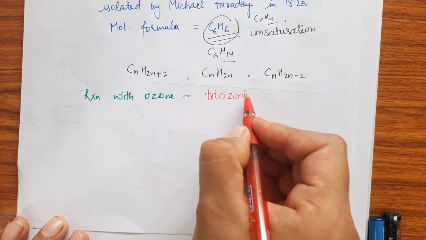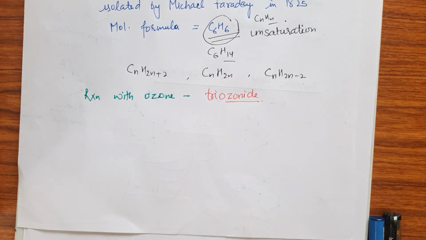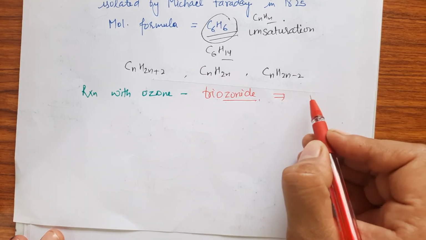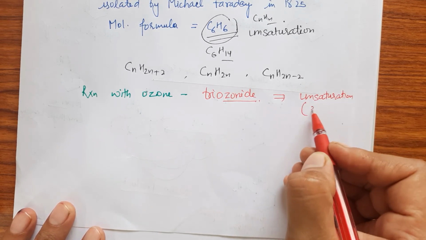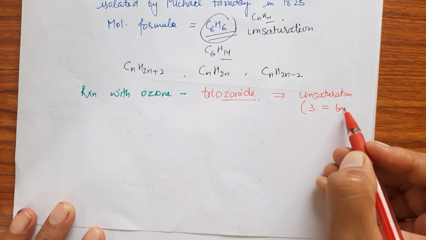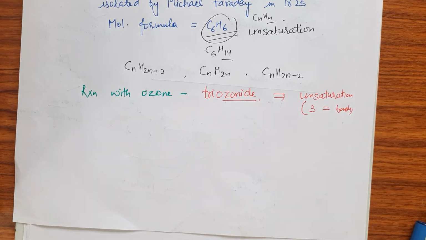So formation of triozonide shows that there is unsaturation. It shows the presence of 3 double bonds, right?